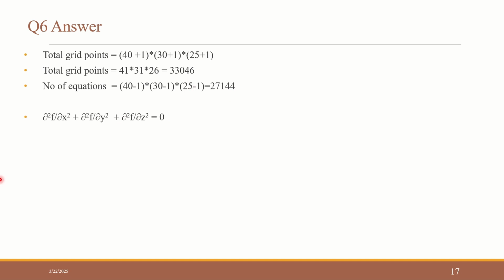Now our Laplace equation is like this: dou square f by dou x square plus dou square f by dou y square plus dou square f by dou z square equal to 0. And we are discretizing using the central difference scheme, and we are getting the equation as this.